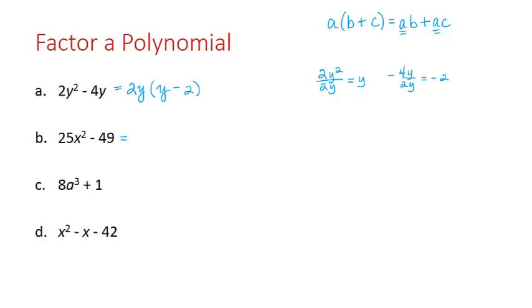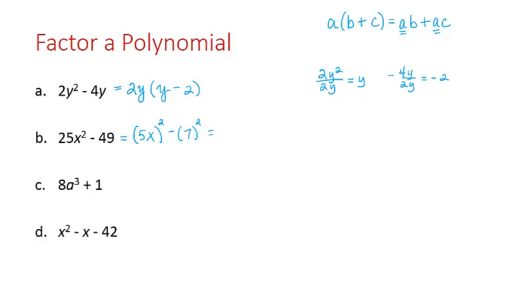Now 25x squared minus 49, this is a binomial. There's not a common factor between those terms, but notice that 25x squared and 49 are perfect squares. 25x squared is really 5x squared, and 49 is 7 squared.